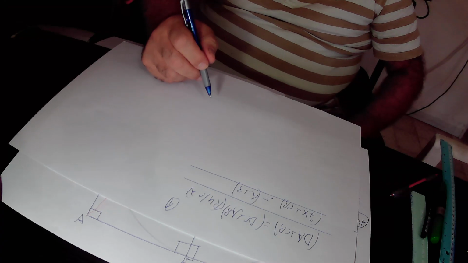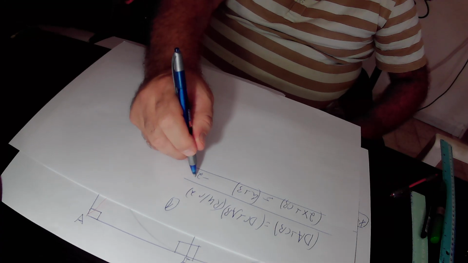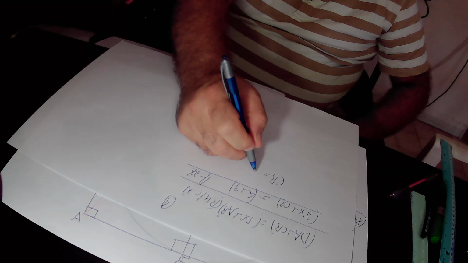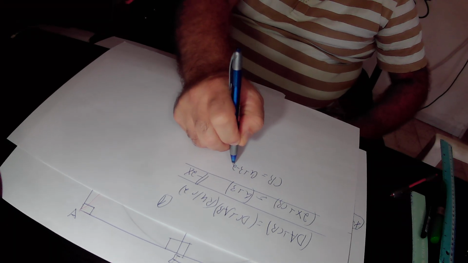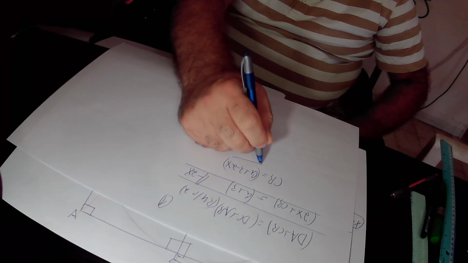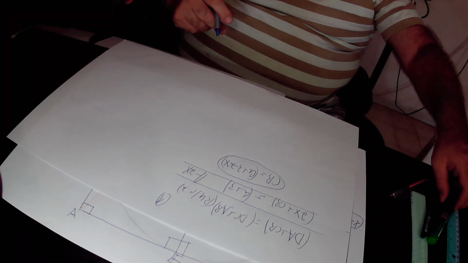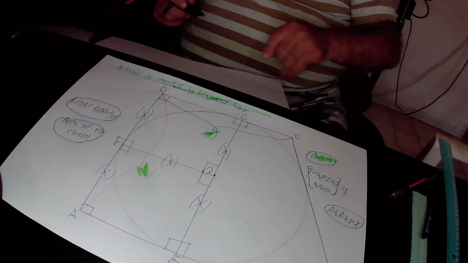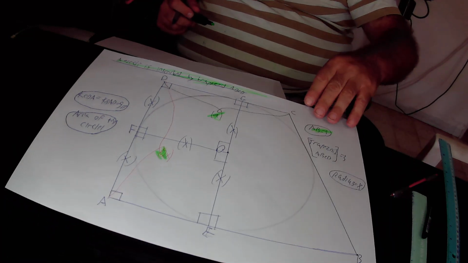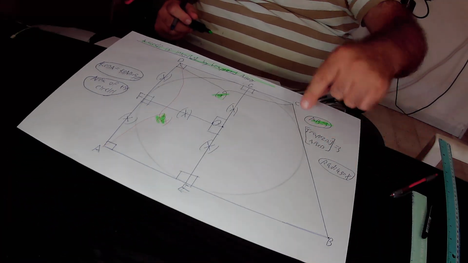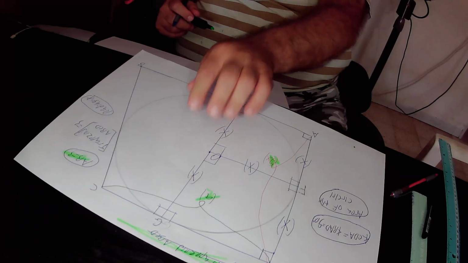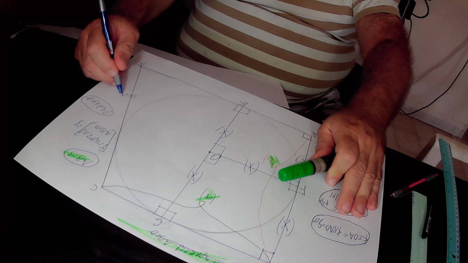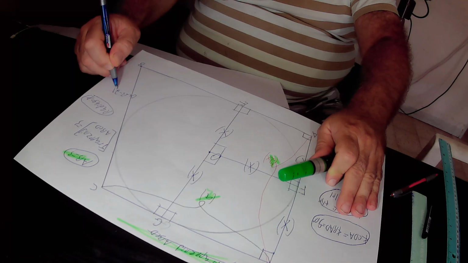Here, we subtract 2x from this equation, and we get that the missing side CB equals A plus 3 minus 2x units in its length.